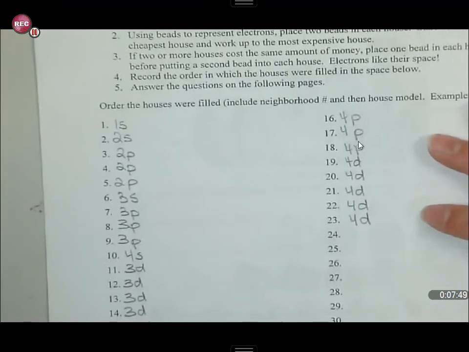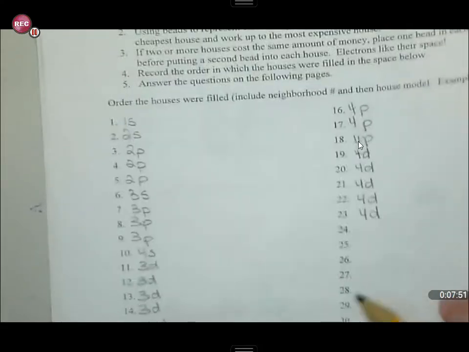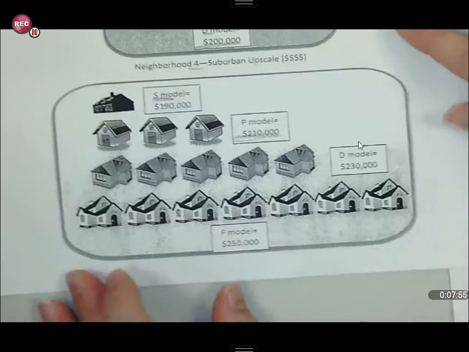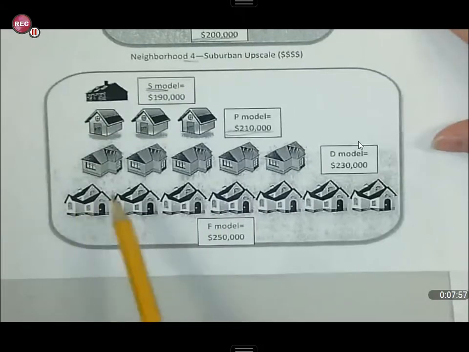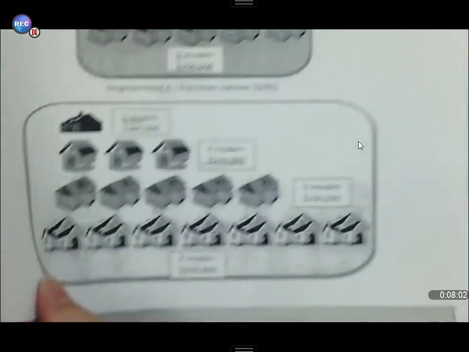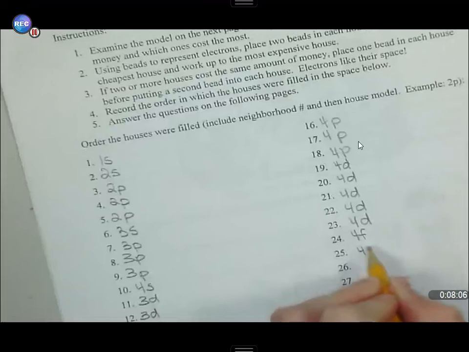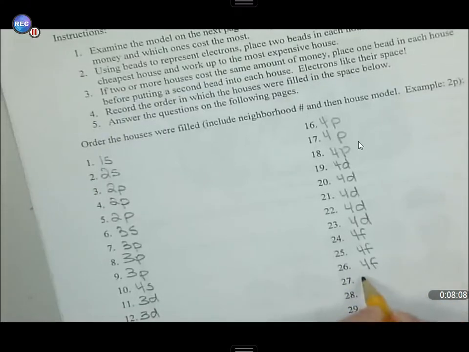And then we move to the 4F. Now here, we have the 4F. They're the most expensive. They're $250,000. And we have 1, 2, 3, 4, 5, 6, 7. There's 7 houses we can occupy. So you're going to put 4F all the way to the end. So maybe keep going in order.